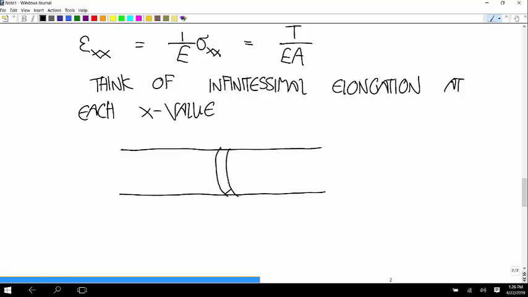Imagine this piece being infinitesimal. That piece has a thickness of dx.